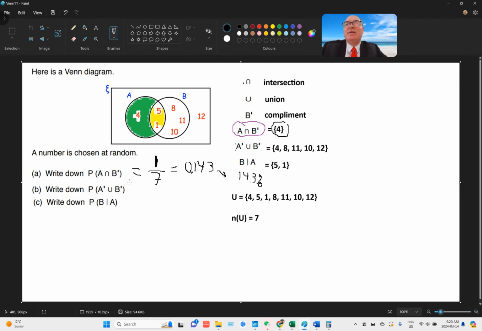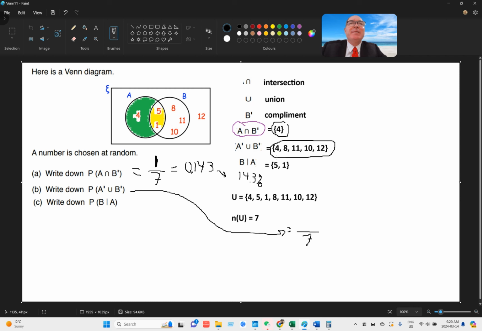Okay. Down here, B. Oh, follow the arrow, please. Same idea. We still have the same total number of numbers. Number of elements is 7. What we want is the number of elements on the top, what we're looking for, that's in the set of the complement of A union the complement of B, which we have up here.